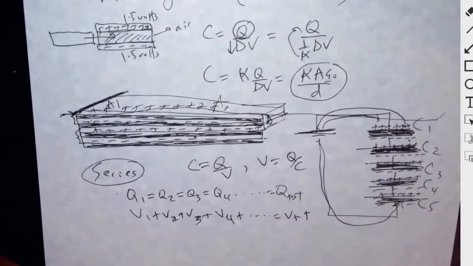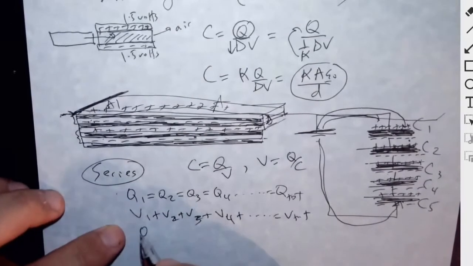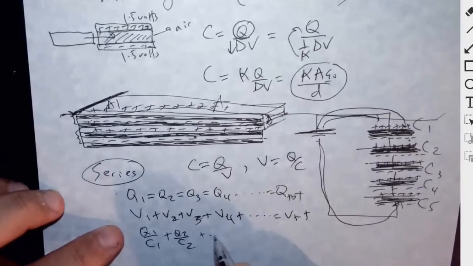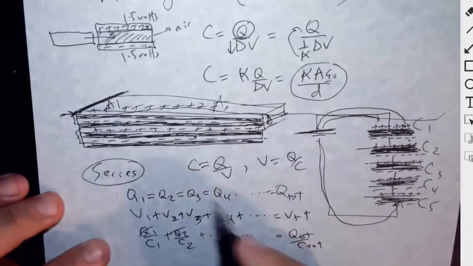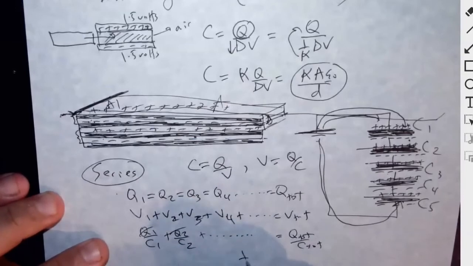Okay, so then we could say Q1 over C1 plus Q2 over C2 plus that equals Q total over C total. And then the Q's cancel because they are the same. So we get 1 over C1 plus 1 over C2 plus 1 over C3 is equal to 1 over C total.